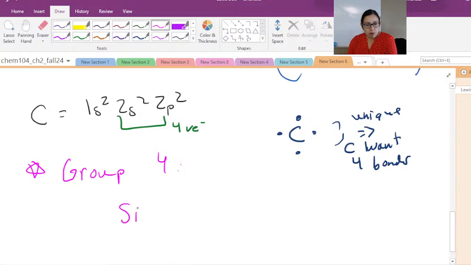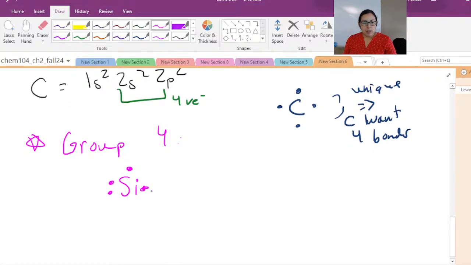Silicon would have 2 together for the 2 in our s. And then for our remaining 2 electrons in our p, we should put them on separate sides to reflect they're actually in separate p orbitals.